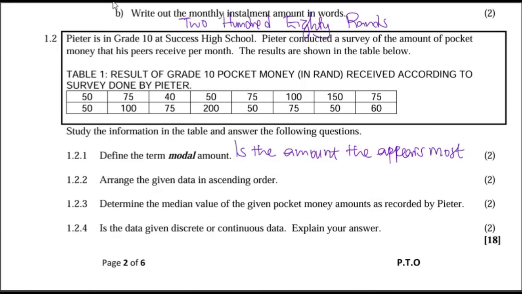Okay. Arrange the given data in ascending order. Please remember it's from small to big, from down to up. So we shall start with the smallest number. This is 1. Is there any other 40? No. So we have this 2, 3, 4, 5, 6. 50s are done. So we have 7.